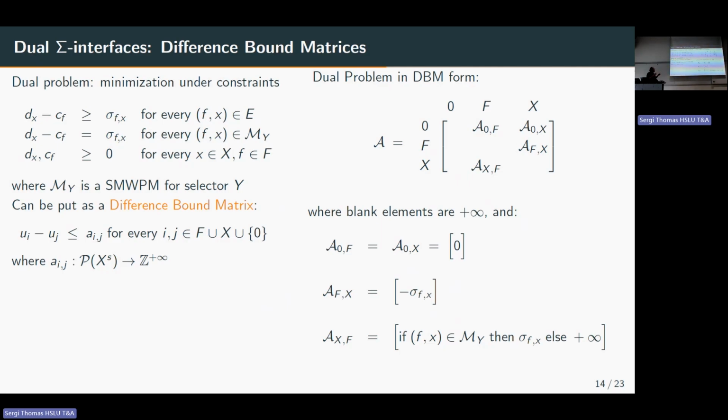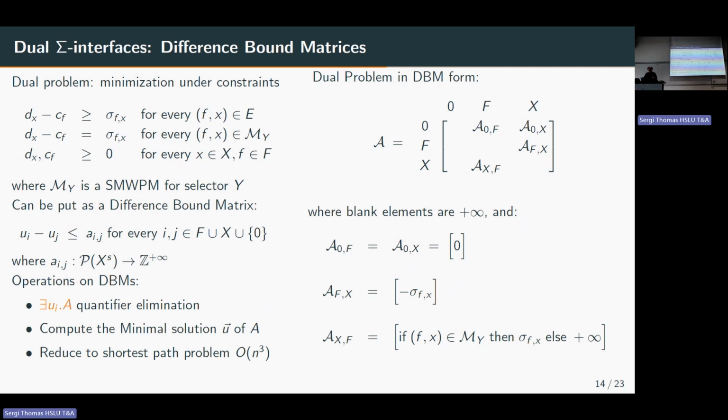It's simply a matrix whose elements A_ij give an upper bound to the difference u_i minus u_j. This is a well-known data structure in computer science. It has been used in verification, and the nice thing is that you have existential quantifier elimination, and all the basic problems reduce to shortest path problems.